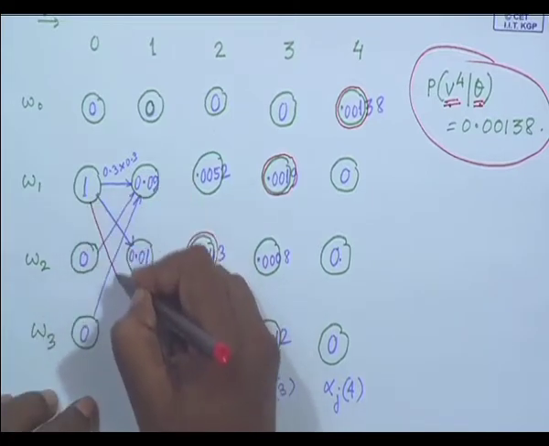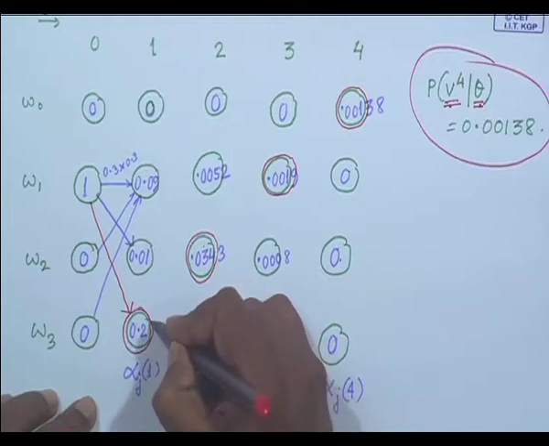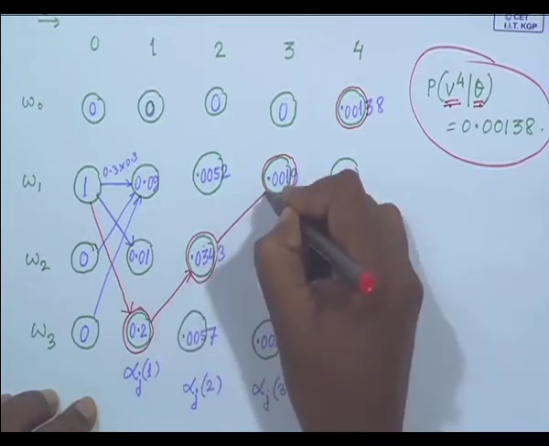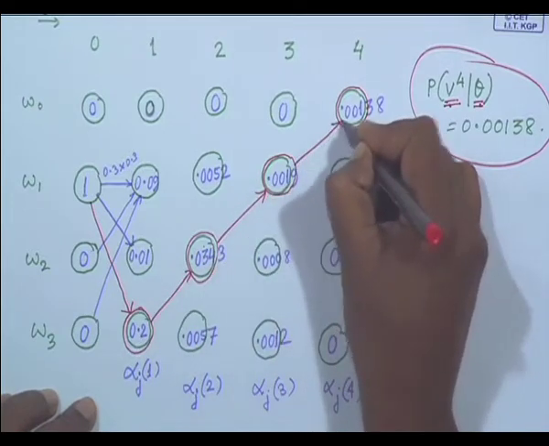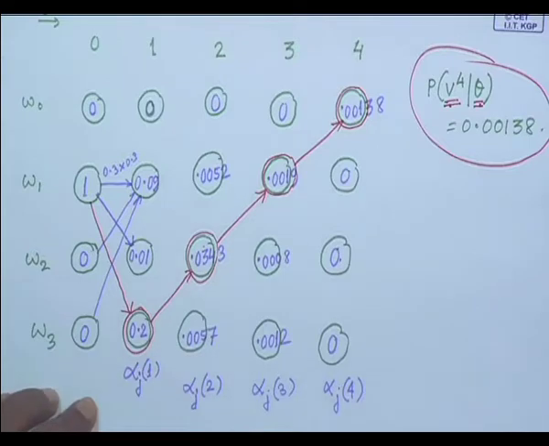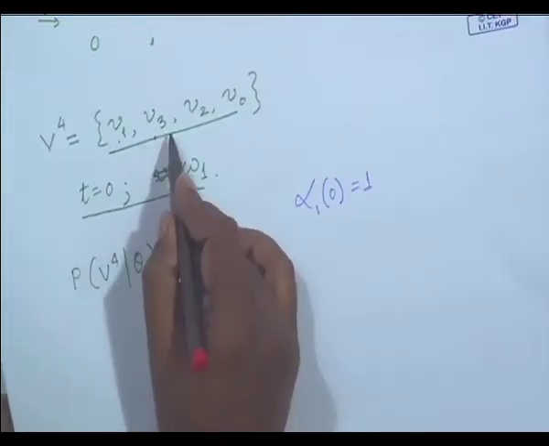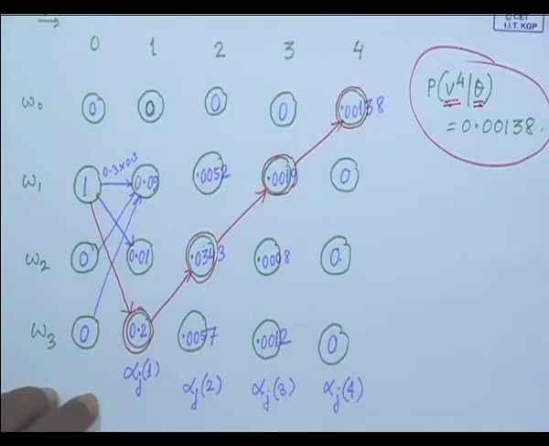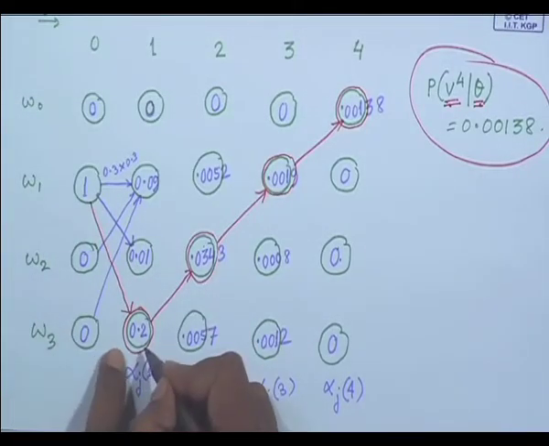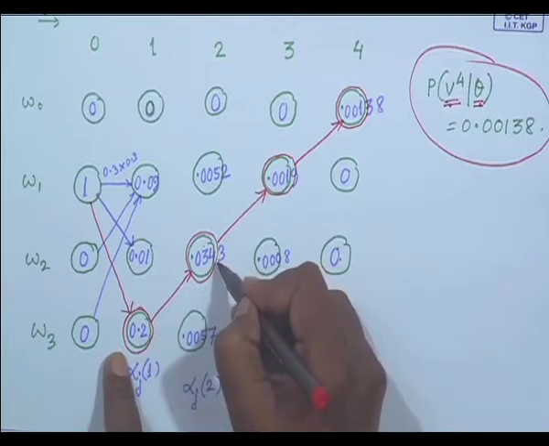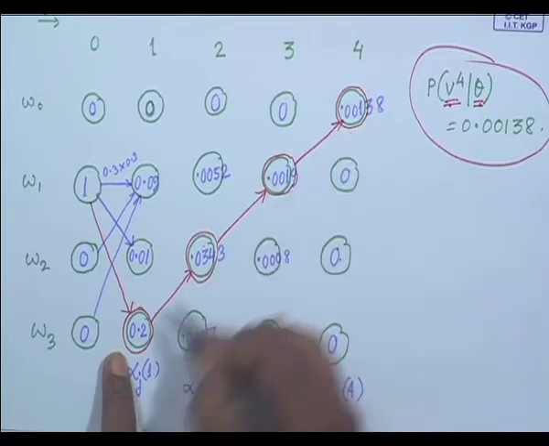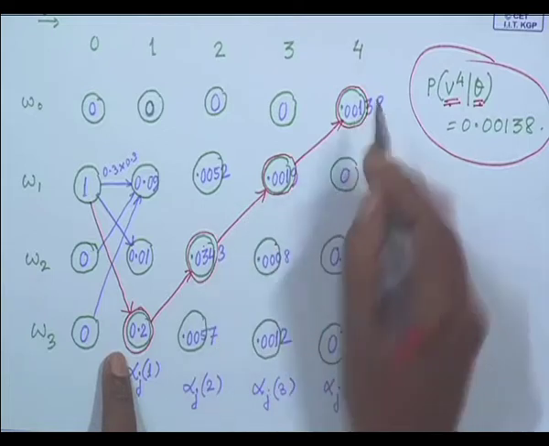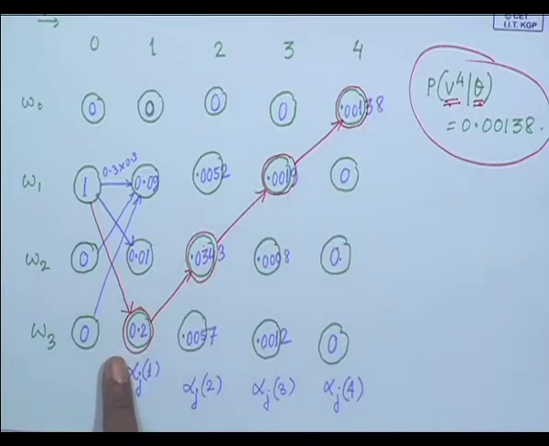So, the sequence of states through which the machine transits while generating the sequence V 4, which is V 1, V 3, V 2 and V 0, is the sequence of states omega 3, omega 2, omega 1 and omega 0. So, this is the most probable sequence of states, and that is my decoding problem.